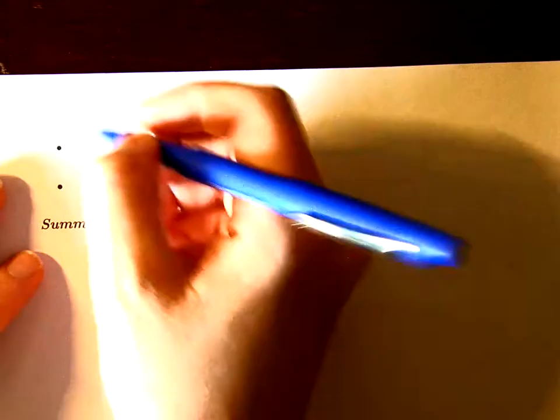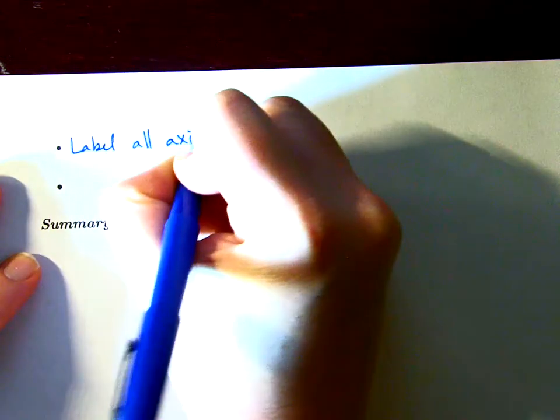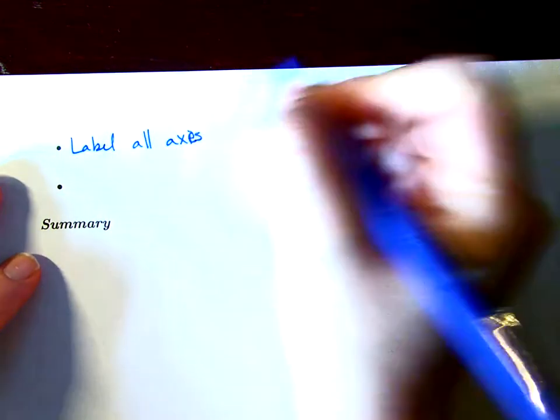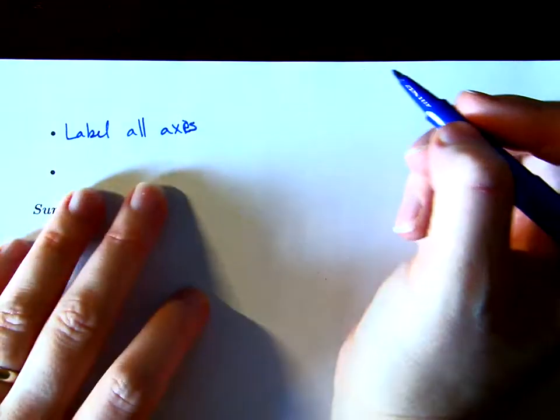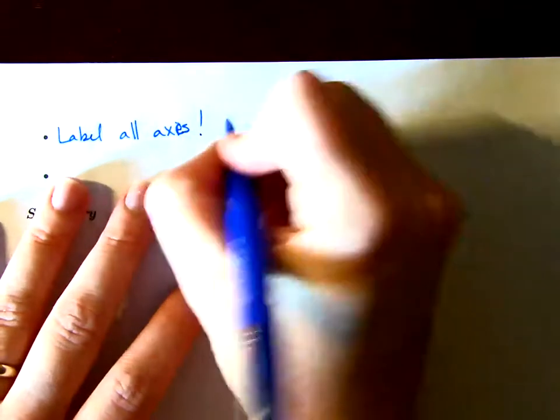Next remarkable thing about plotting points is this. I'm going to need you to label all your axes and give things titles. Label all axes. Axes is the plural for axis. Label all axes.